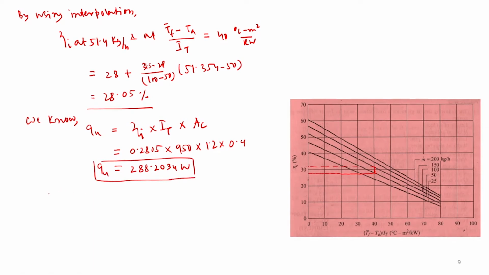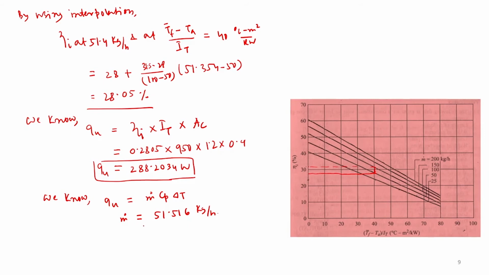Now, we know QU is equal to m dot Cp dt, and from here we can calculate m dot, which is found to be 51.516, which is in kg per hour.